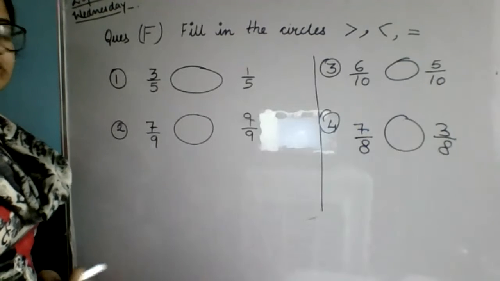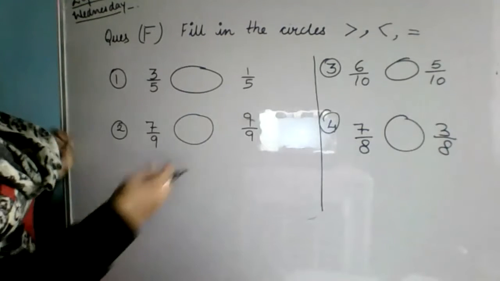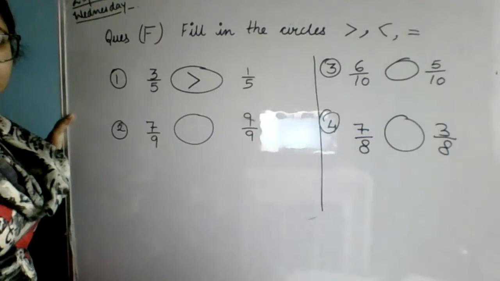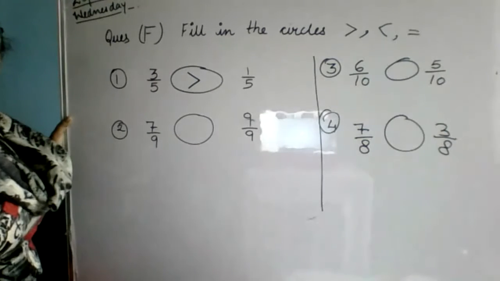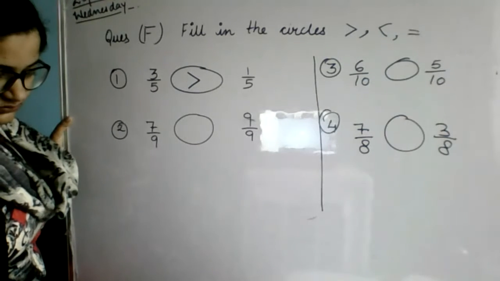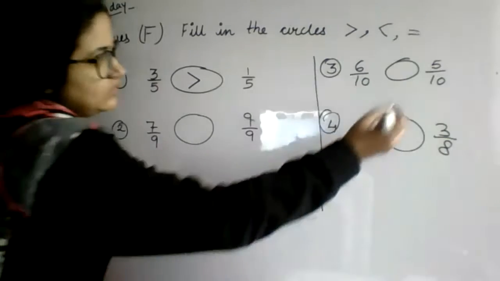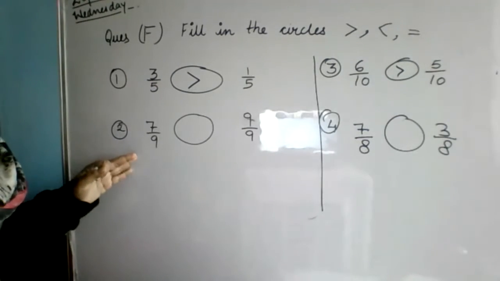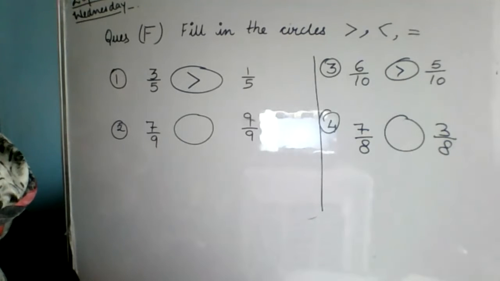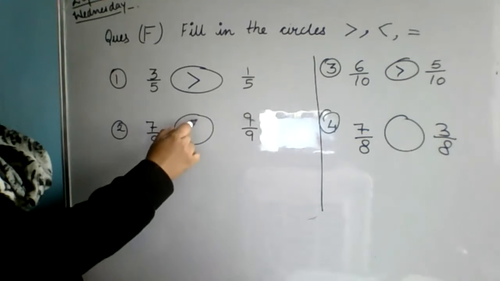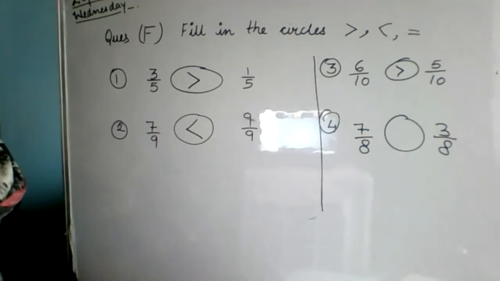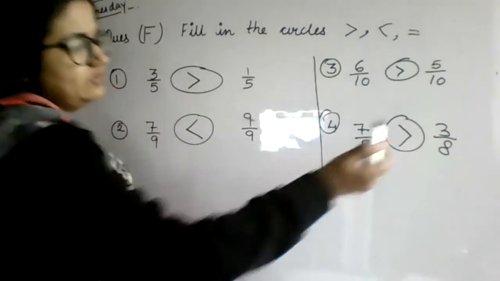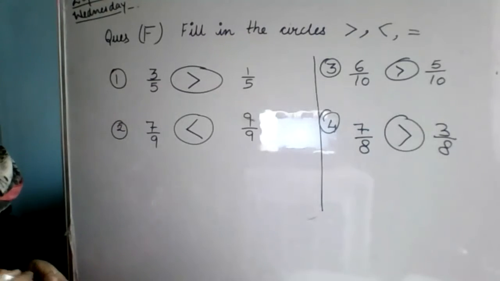Ma'am, 3 upon 5 is greater and 1 upon 5 is smaller. 6 upon 10 or 5 upon 10? Ma'am, 6 upon 10 is greater and 5 upon 10 is smaller. 7 upon 9, 9 upon 9? Ma'am, 9 upon 9 is greater and 7 upon 9 is smaller, because between 7 and 9, 9 is greater. 7 upon 8 is greater and 3 upon 8 is smaller.